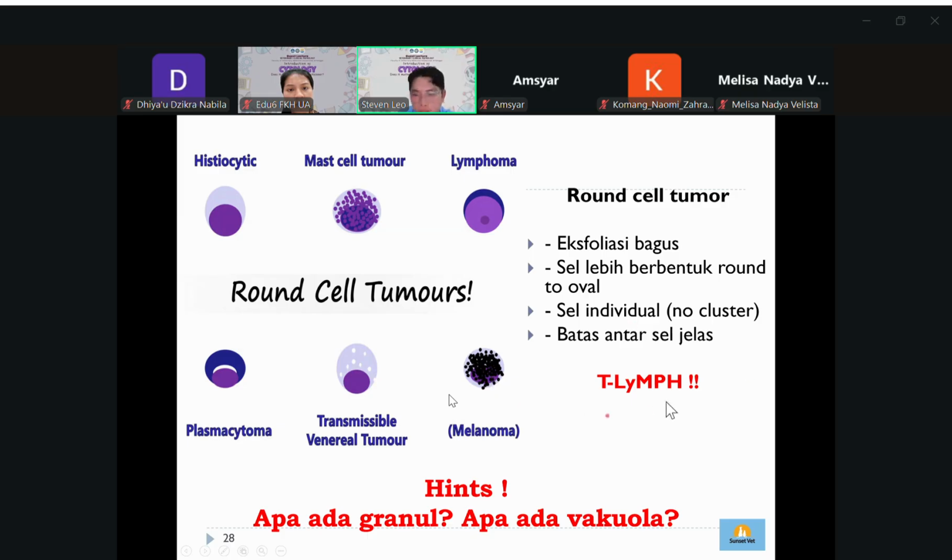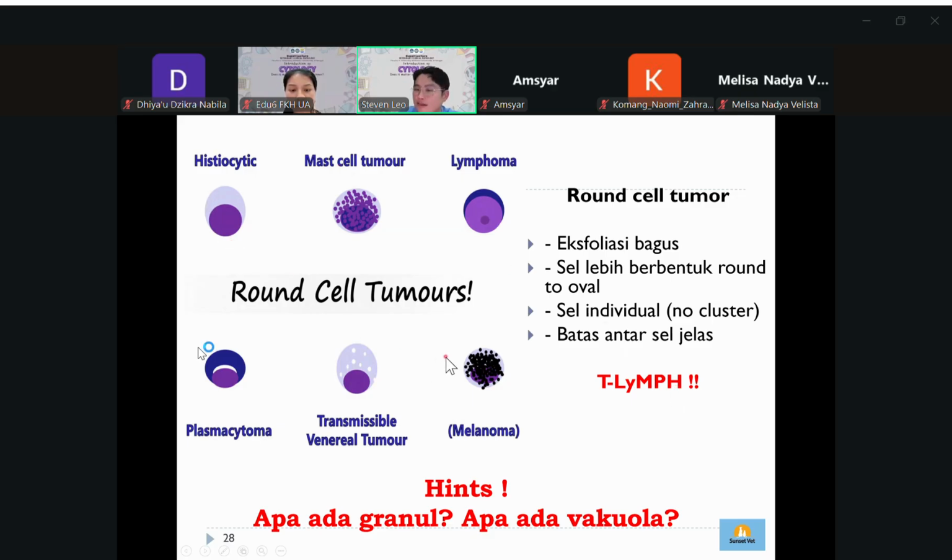And then the pneumonic for the round cells is T lymph. T is the transmissible, LY is the lymphoma, M is the melanoma and mast cell, P is the plasmacytoma, and H is the histiocytic.